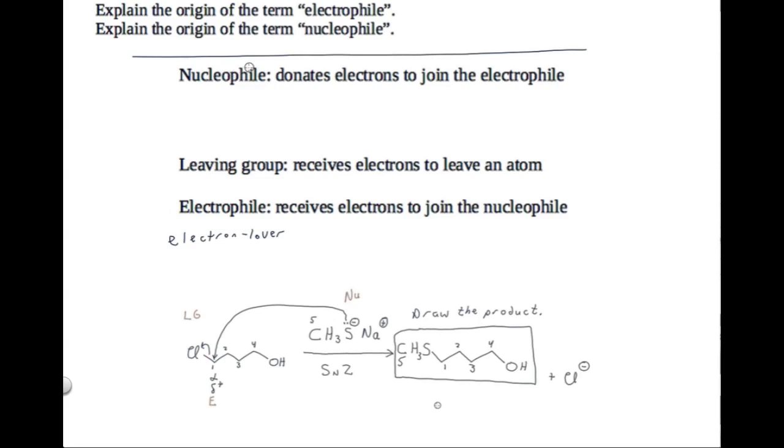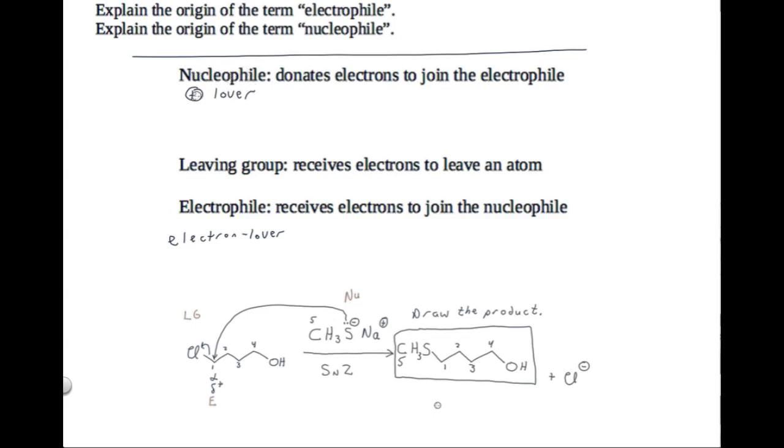Now, how about this term nucleophile? How do we justify that term? That's a little less obvious. But nucleo refers to an atomic nucleus, and the key thing is the charge of a nucleus. A nucleus would have a positive charge. So when we say something's a nucleophile, what we really mean is that it's a positive lover.